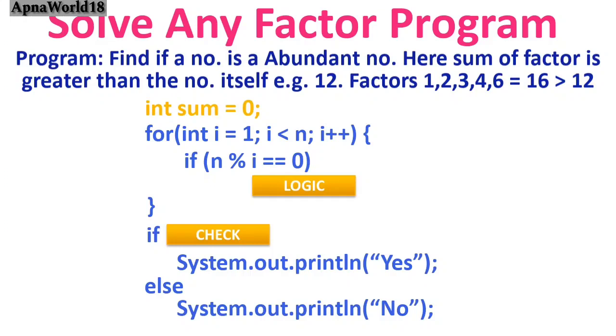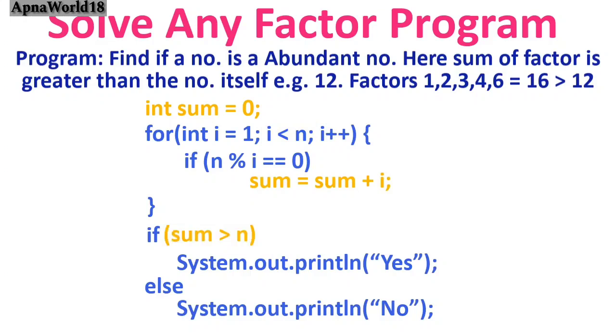Here also we will run the loop till less than n, as the program is not considering the number itself as a factor. In logic, we will just add the factor to the sum. In the check section, we will just check if sum is greater than n for it to be an abundant number. This is our program for abundant number.